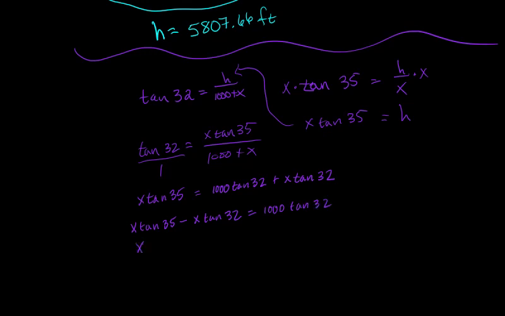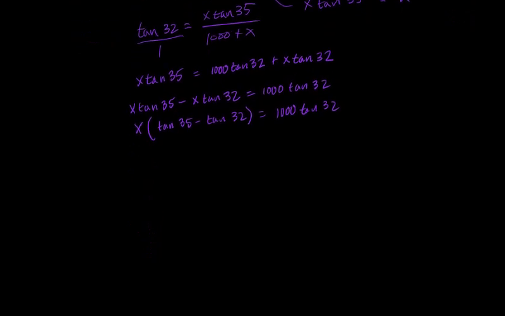Factor out x, so you'll have x times tangent of 35 minus tangent of 32 equals 1,000 tangent of 32. Then you can divide, and so then x equals 1,000 tangent of 32 over tangent of 35 minus tangent of 32.